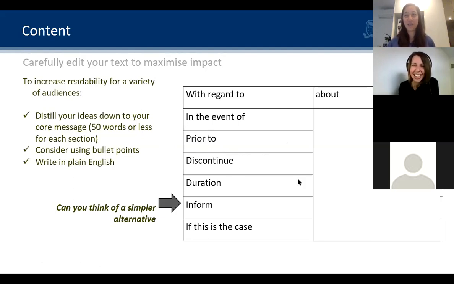"Discontinue": stop. Just say stop. Exactly. "Duration": time, while. Yeah. Length. "Inform": tell. Good one, guys. "If this is the case": yeah, if so. That's fine.